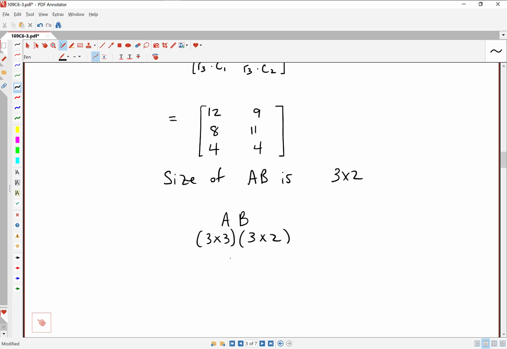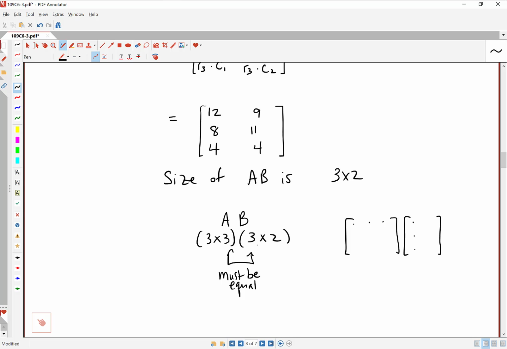So when you multiply matrices together, these inner numbers must be equal. And the reason for that is just to make sure that your dot product can be completed, to make sure that dot product is defined. So I'll just draw a picture over on the side here. So A is 3 by 3, B is 3 by 2. So what you're doing is you're taking rows of the first matrix and columns of the second matrix.